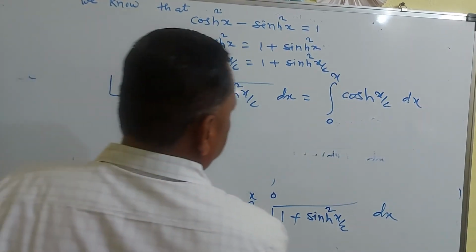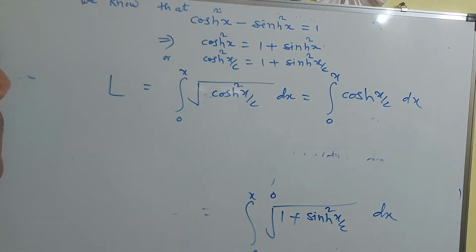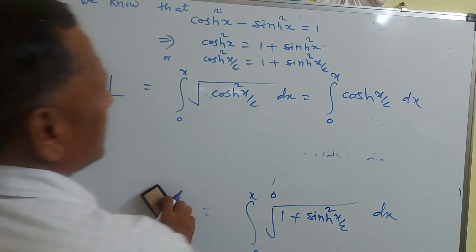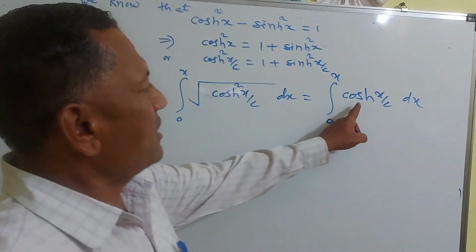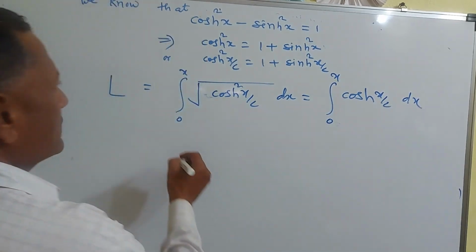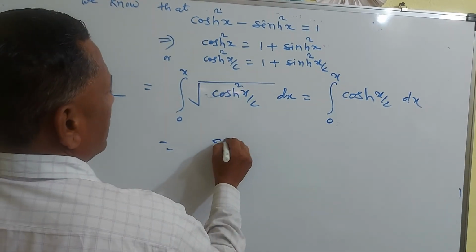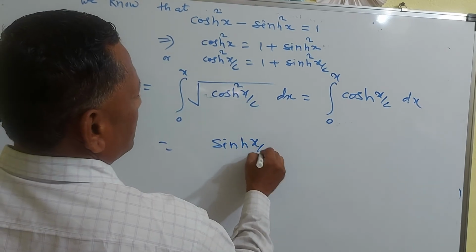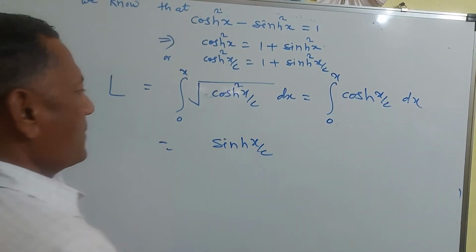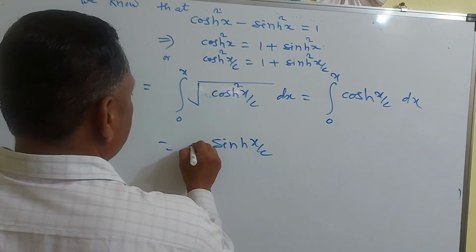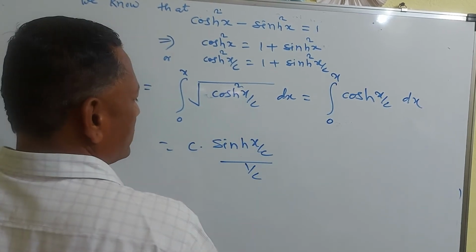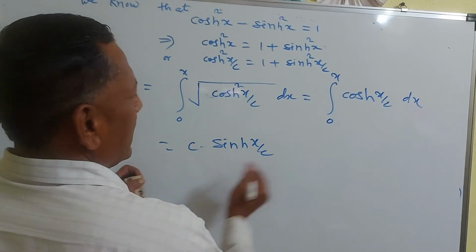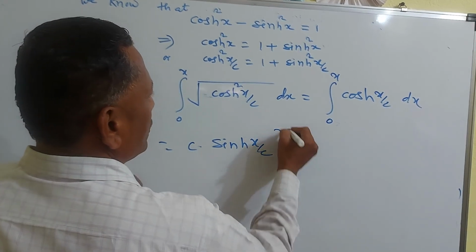Then what is the integration of cos h of x upon c? It is sin h of x upon c divided by 1 upon c, means c into this, with integration going from 0 to x.